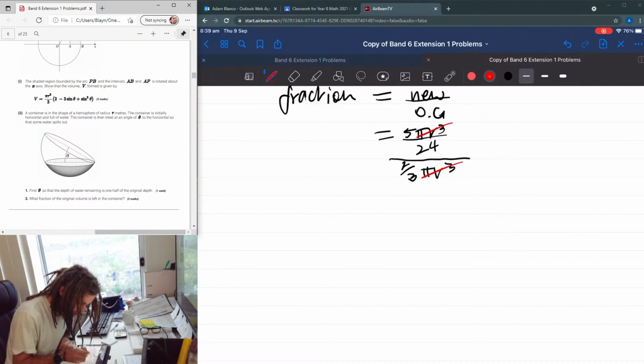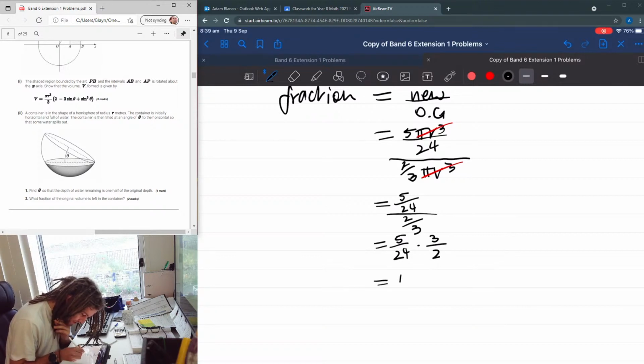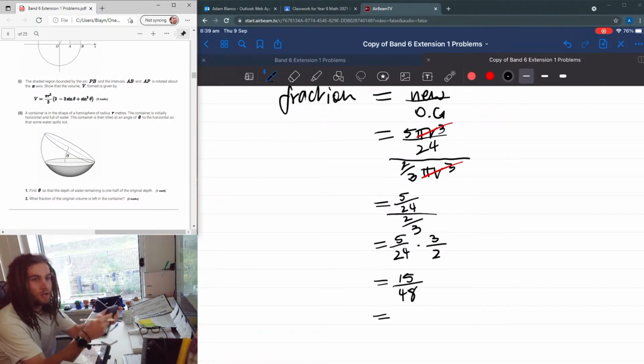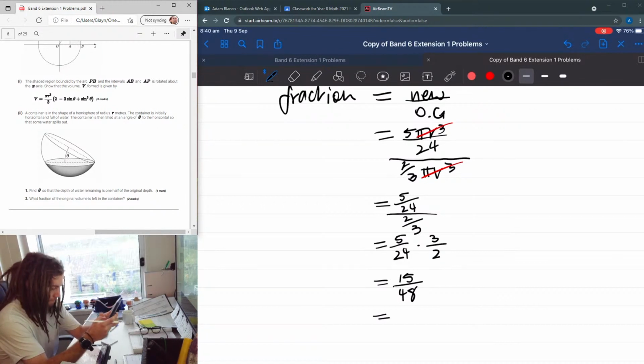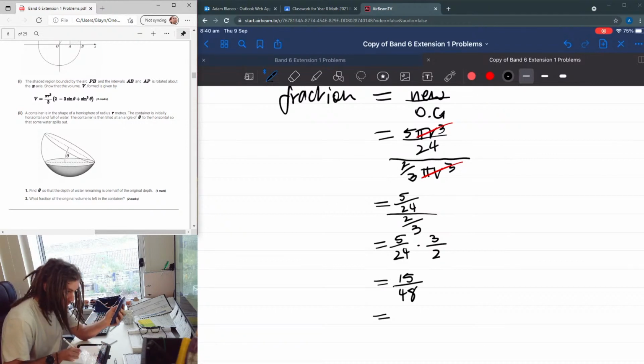So we've got 5 on 24 on 2 on 3. I hate when fractions are like that. 5 on 24 times 3 on 2. That's 15 on 48. Surely there's a common factor in there. 15, yeah, 5 on 16. Oh, 3. Yeah, right. 5 on 16.